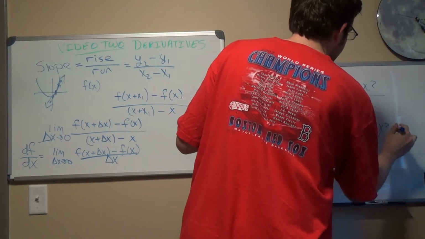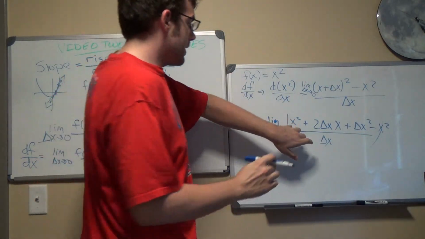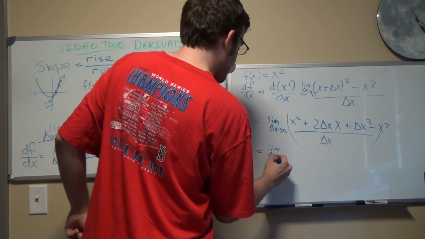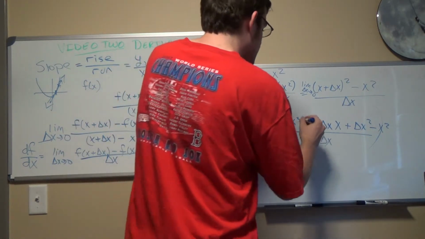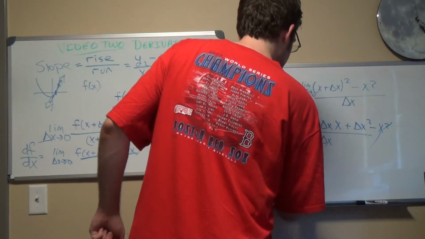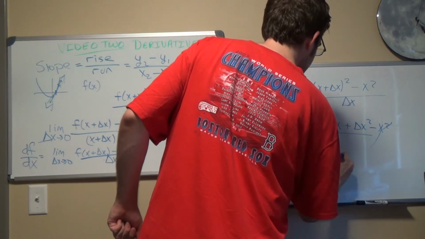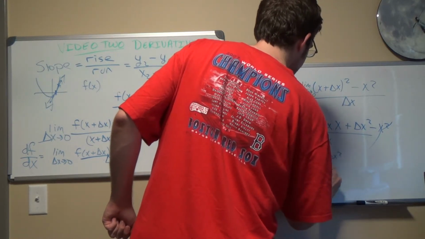So we can get rid of the x squared. The x squareds are gone, and we have 2x delta x plus delta x squared divided by delta x.